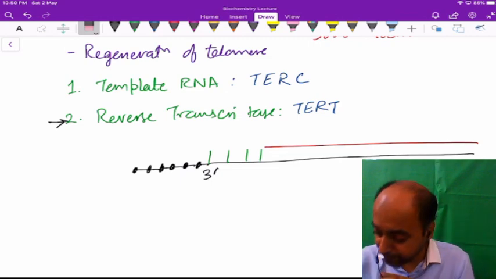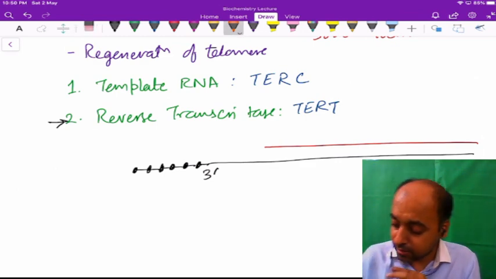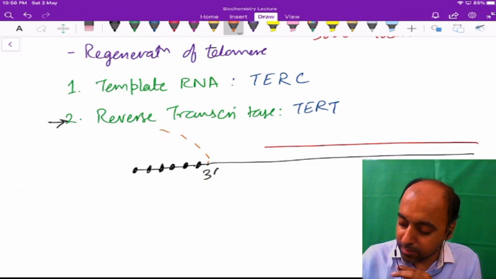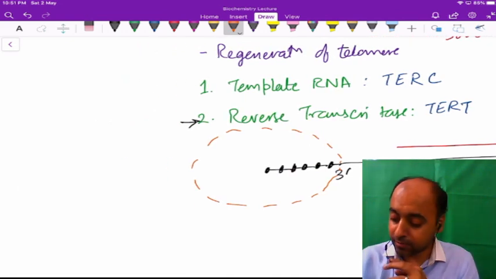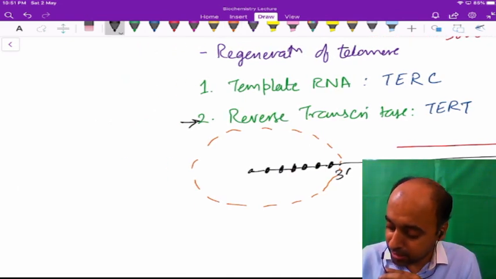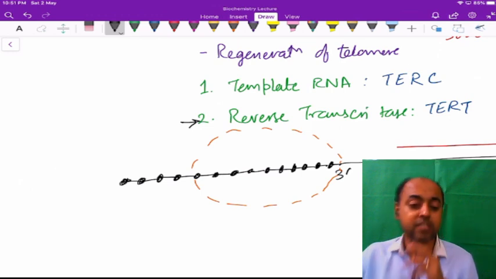And after that, they come and join to the new overhanging edge again. They'll further extend it by certain nucleotides, again disappear, then further extend it by a few nucleotides, and again disappear.